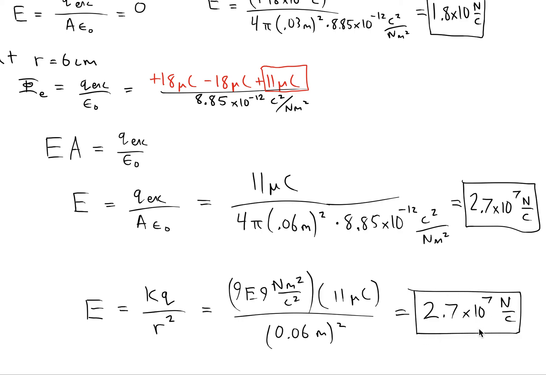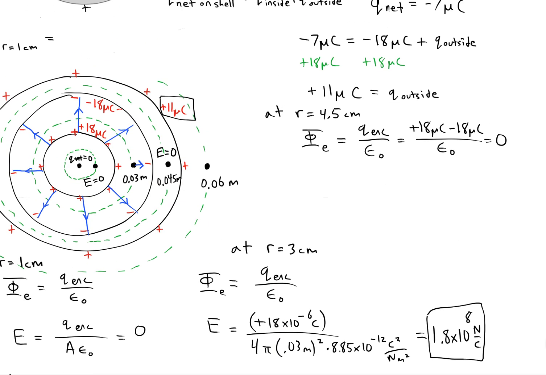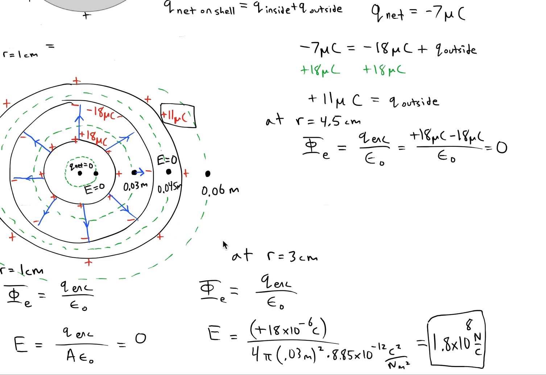So regardless of what's happening inside this spherical capacitor, the 11 microcoulombs on the surface is what really matters when it comes to finding the electric field at this point.